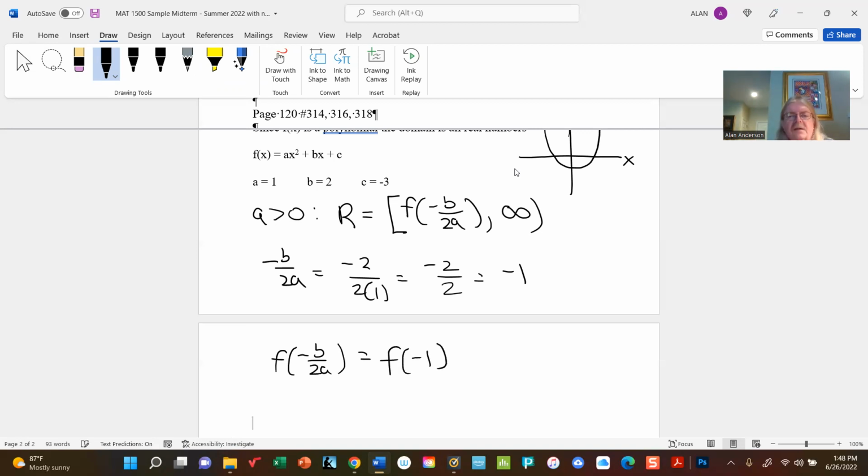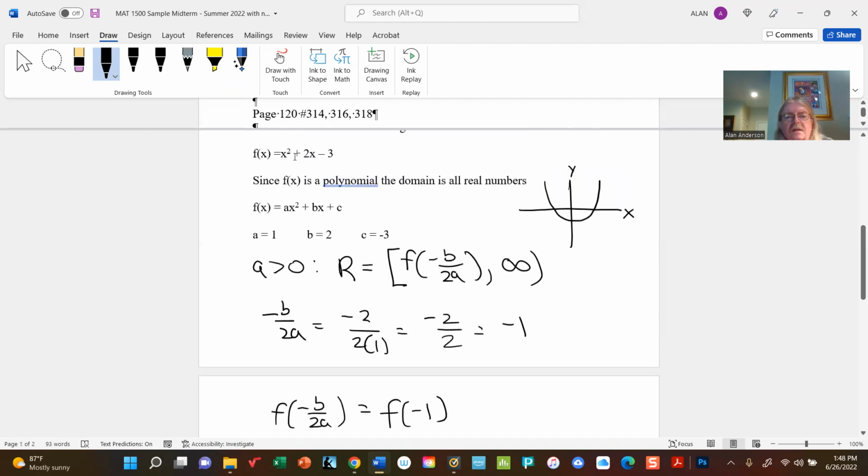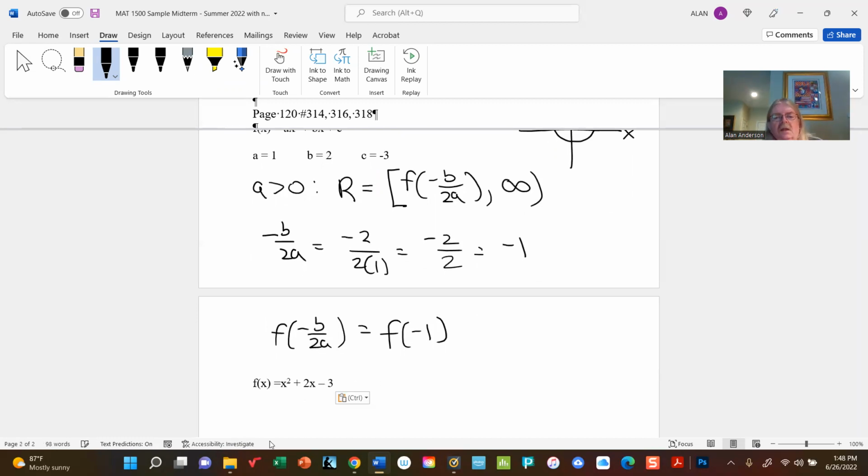All right. Now, since the original equation was this, that means that f of negative 1 is negative 1 squared plus 2 times negative 1 minus 3. So we end up with 1 minus 2 minus 3, which is negative 4.